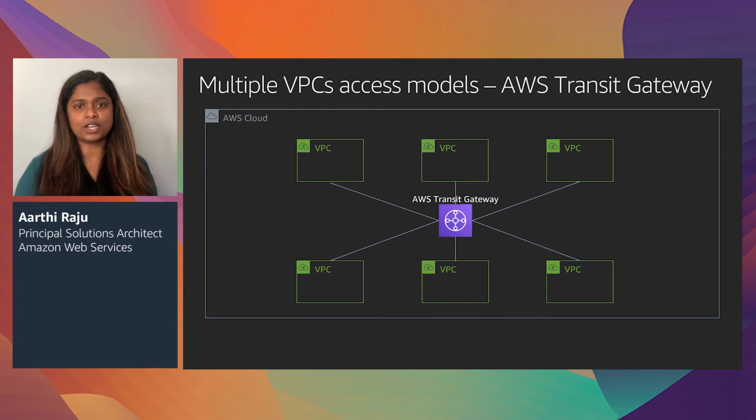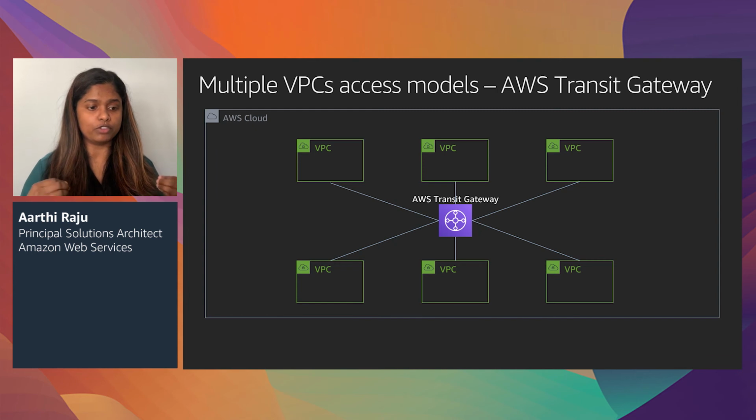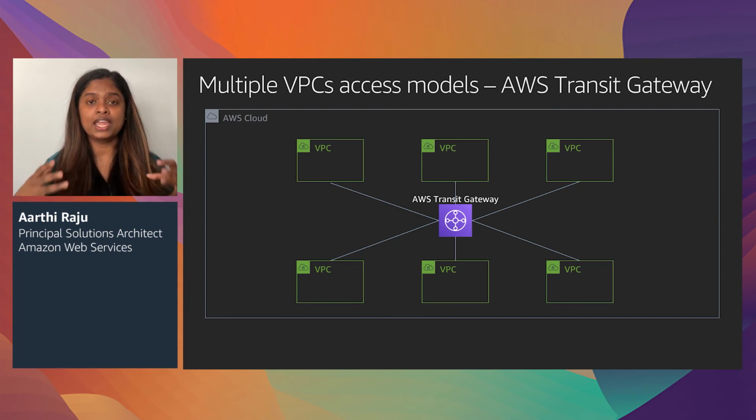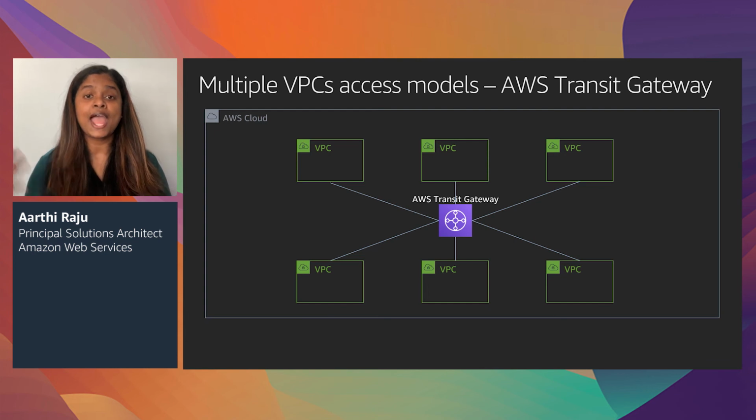What the transit gateway does is you can now attach all your VPCs to this transit gateway. It acts as a hub and then carries traffic to the other spokes. So VPC A can talk to VPC E, or VPC B can talk to VPC D, as long as it's attached to this transit gateway.